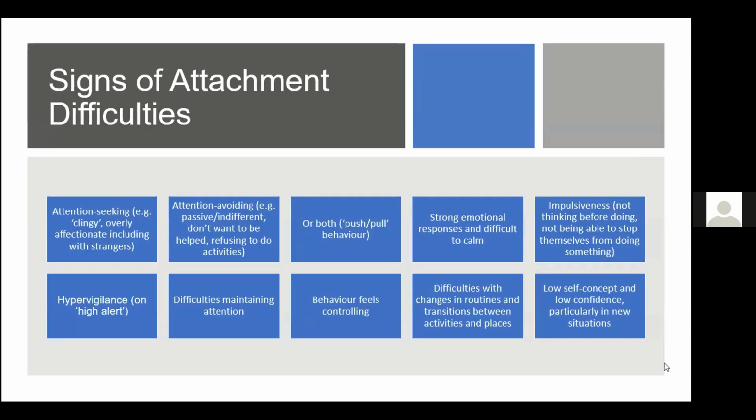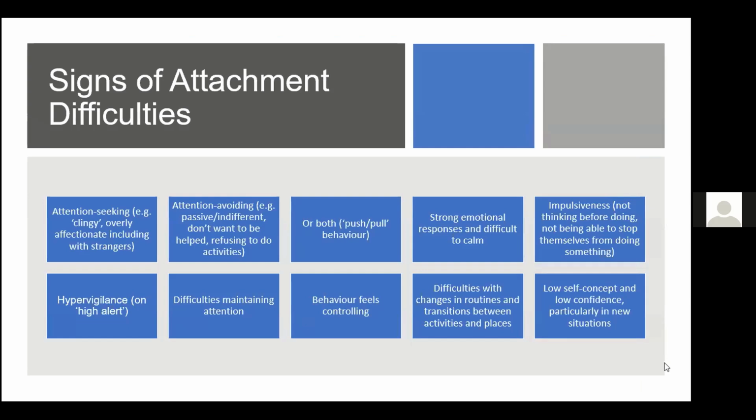Okay, so what would be the signs of attachment difficulties that we might see? We would potentially be expecting these children to not have that secure base, so they don't feel able to explore and to learn because they're just overly anxious.